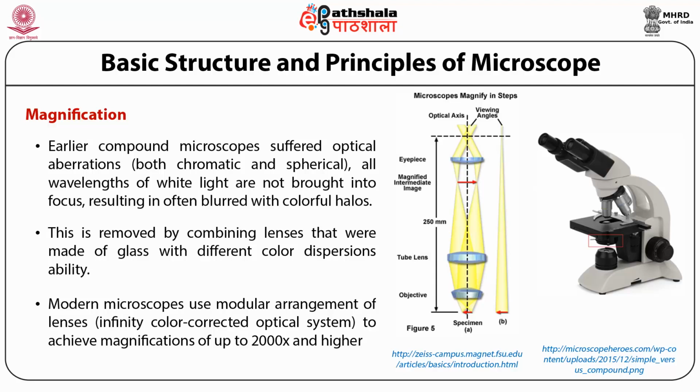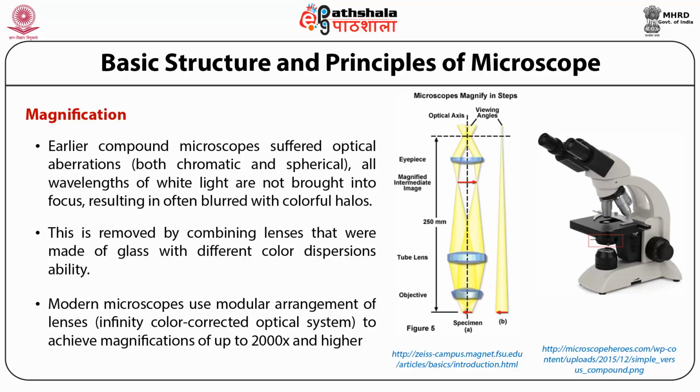Now coming back to the aberrations, these are the two major aberrations experienced in the compound microscope. White light consists of different wavelengths, and as the white light passes through the lens, because the lens refractive index varies from one edge to another, the way it refracts each single wavelength from the white light varies.